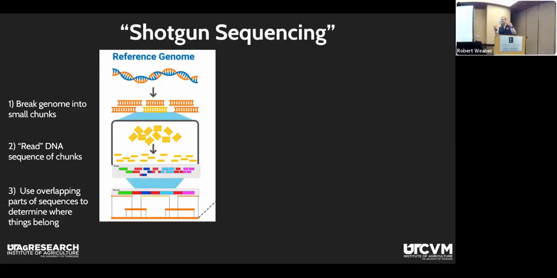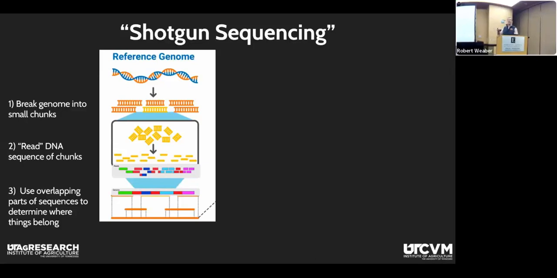Assembly algorithm development has come a long way from the very beginning of sequencing. But again, the basics of it all is we're trying to find sufficient overlap between these chunks of DNA such that we can place them in the correct physical spot. Lots of additional technologies have come onto the scene. I think that Bob might talk a little bit about that.